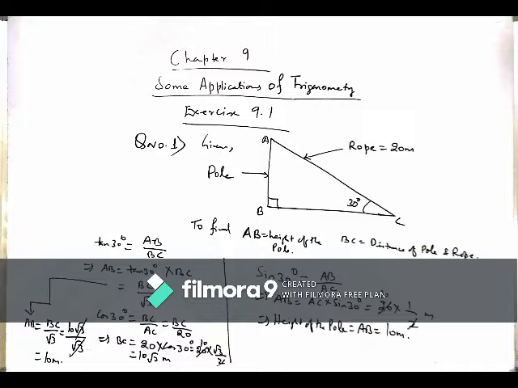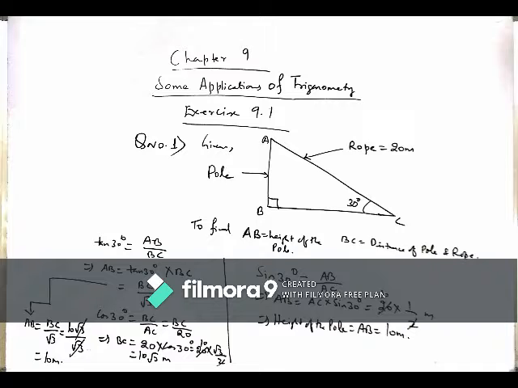You can see that I have drawn the same figure, triangle ABC, and the rope is shown as 20 meters. The angle of elevation is 30 degrees, so that is angle C. We need to find AB. We already know about trigonometric ratios. In this case we need to find AB directly, whereas AC is already given.